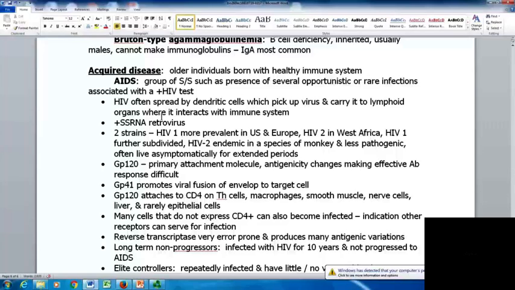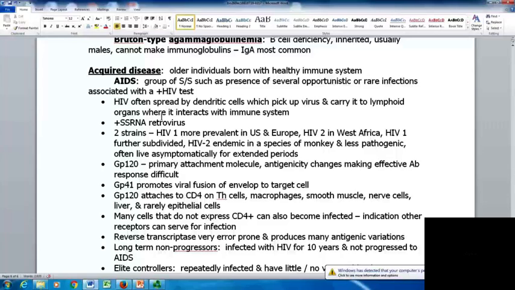GP120, or glycoprotein 120, is a primary attachment molecule. The antigenicity changes, making effective antibody response difficult. GP41 is going to be a marker that promotes viral fusion to envelope the target cell. And then GP120 attaches to the CD4 marker on the T helper cells, macrophages, smooth muscle, nerve cells, and liver, and rarely epithelial cells.